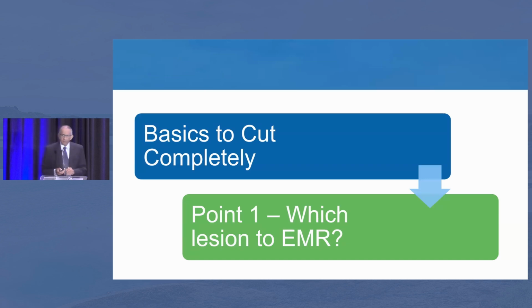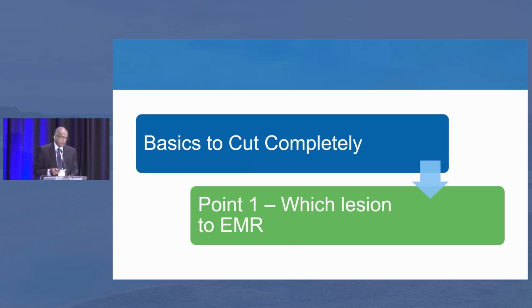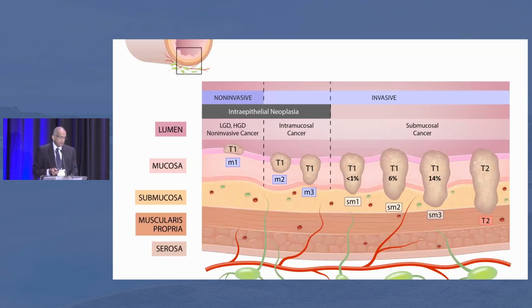So when you look at a polyp, you have to ask two basic questions. Is this a lesion good for endoscopic mucosal resection? And when it comes to that, we should go back to the anatomy of the colon wall.